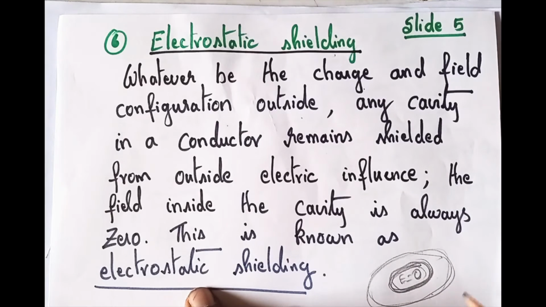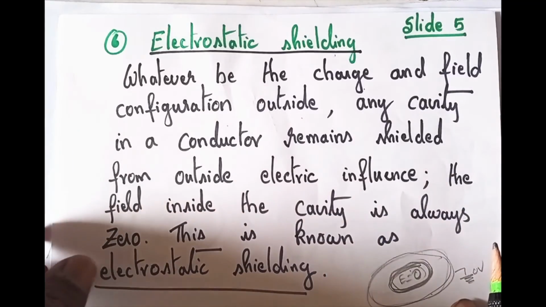And moreover, what is usually done by industrial people is that this outside conductor is connected to 0. That means this field is already 0. If at all it tries to influence the inside cavity, it does not happen. Therefore, this is protected from electric field influence, and that is called electrostatic shielding.